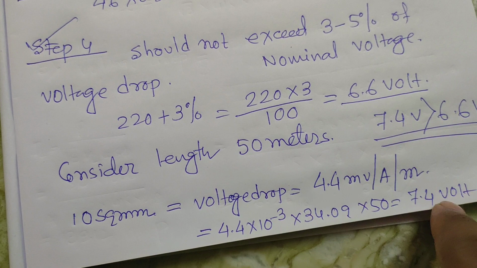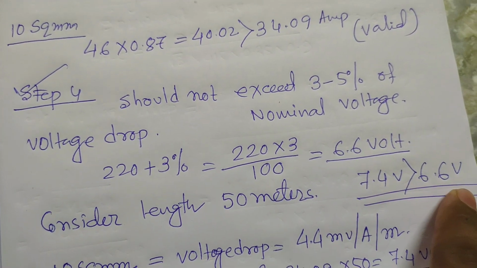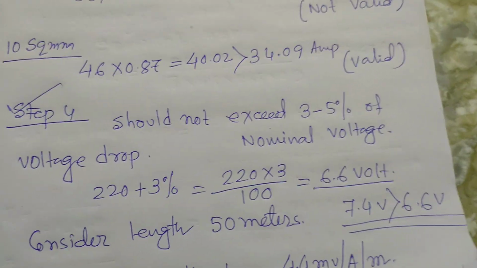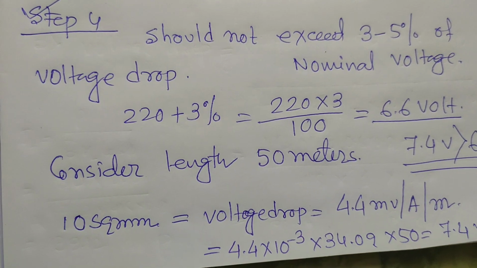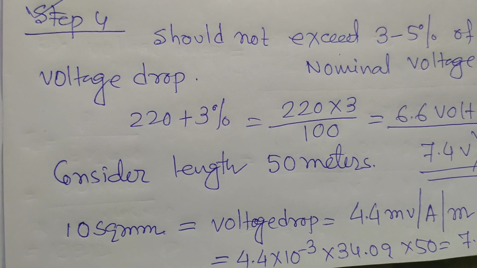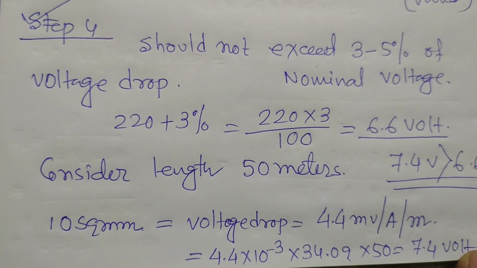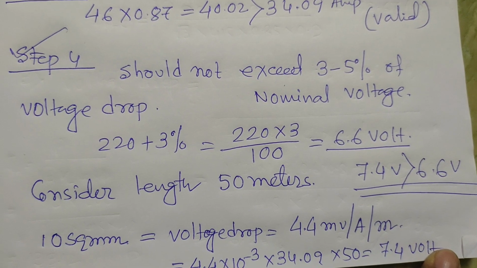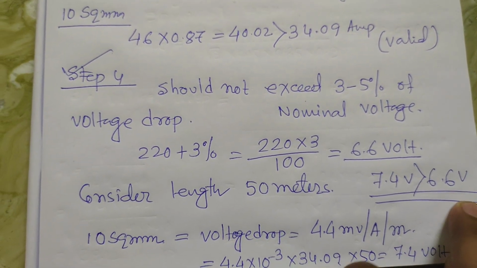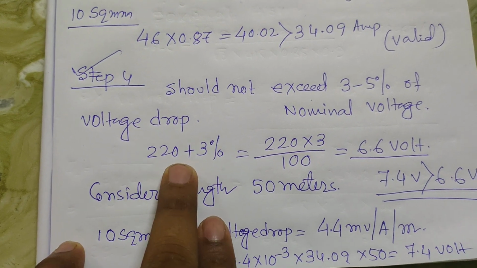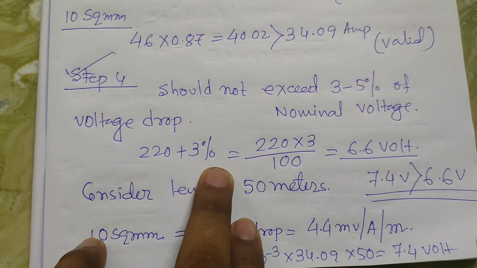The 7.4 volt drop is greater than 6.6 volt. We get 6.6 by calculating 3% of 220 volt.